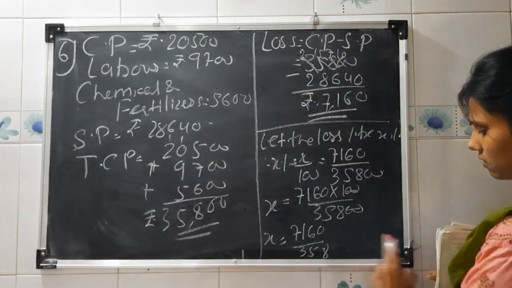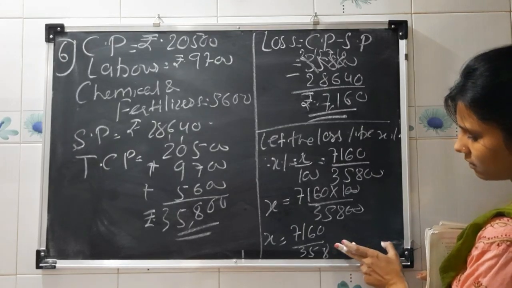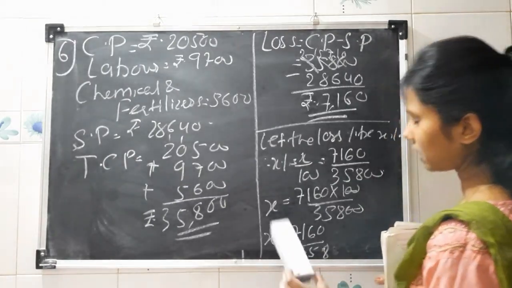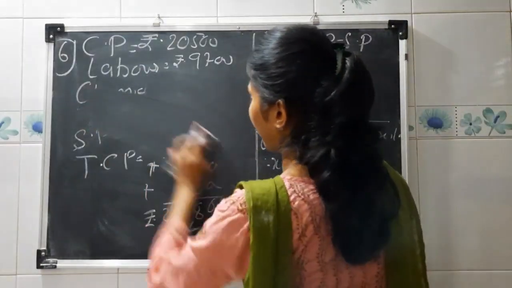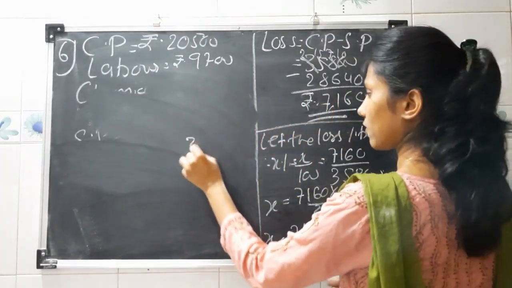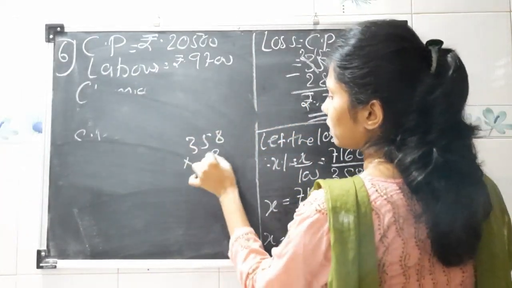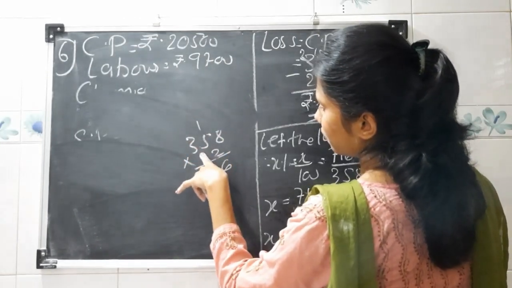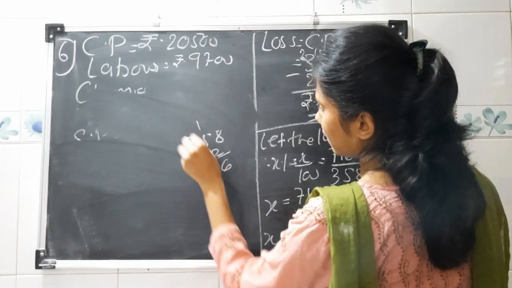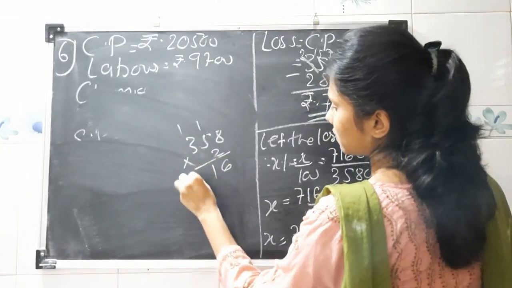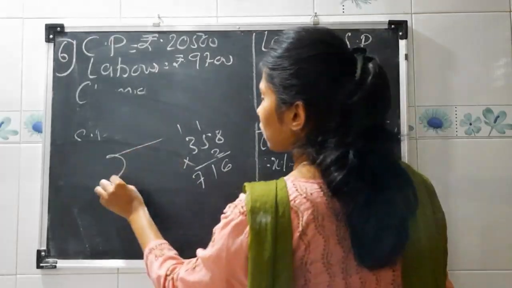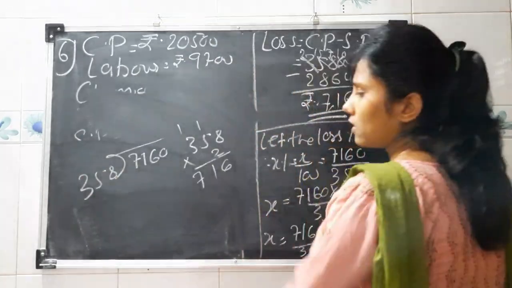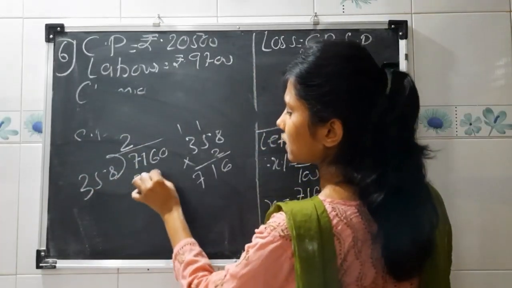Now let's see whether 7160 is divisible by 358. 358 2s are 716.